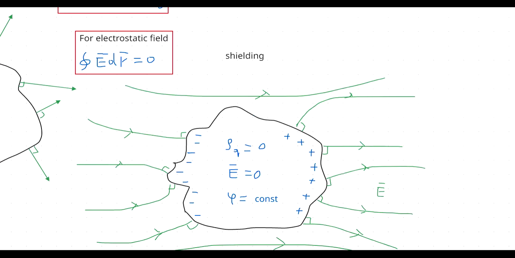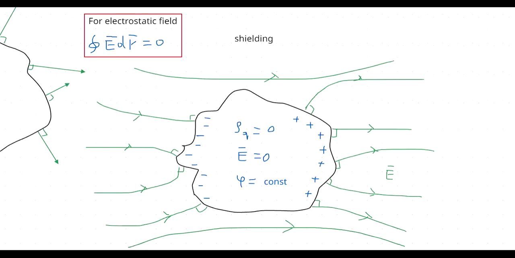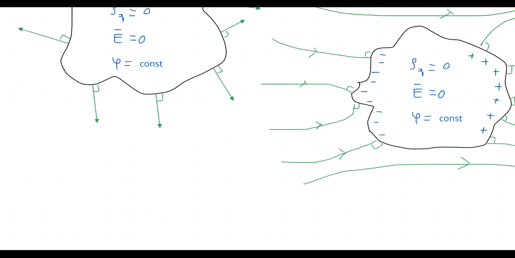It is the property of absence of electrostatic field inside a conductor. And it is often used in techniques. For example, for secured connection, for secured internet connection.